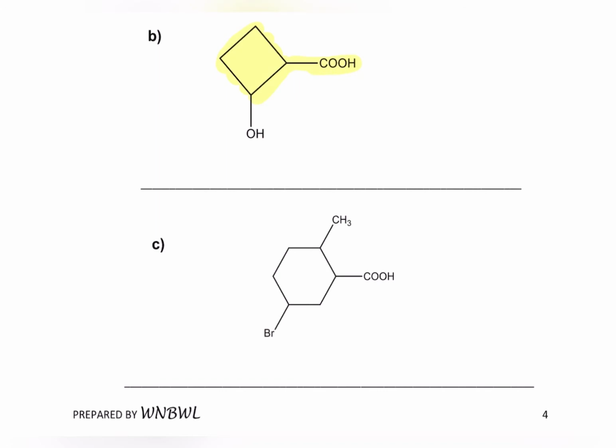So the name for the parent will be cyclobutane carboxylic acid. This is cyclobutane, referring to the cyclic ring, and you have to add carboxylic acid behind it. And after that, you have one substituent here, which is this group, and this group is what we call hydroxy.